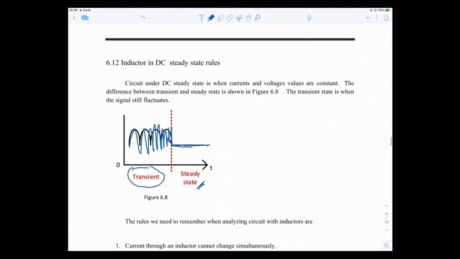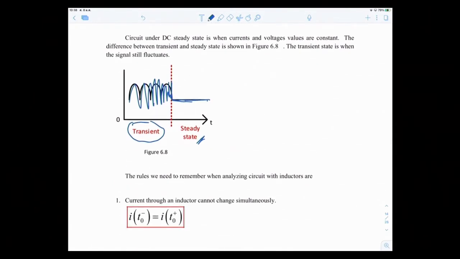So the special rule for the inductor is that current through an inductor cannot change instantaneously. Therefore, I at T0 plus is equal to I at T0 minus.